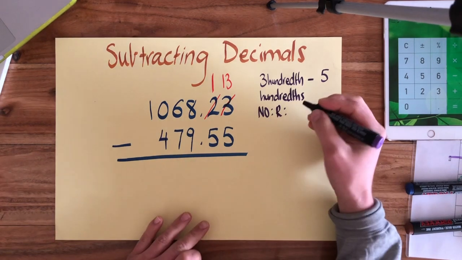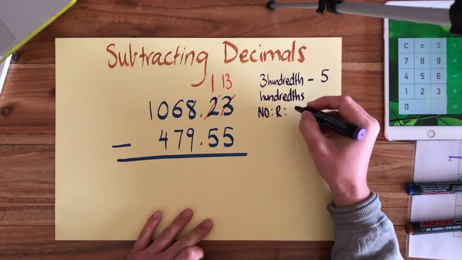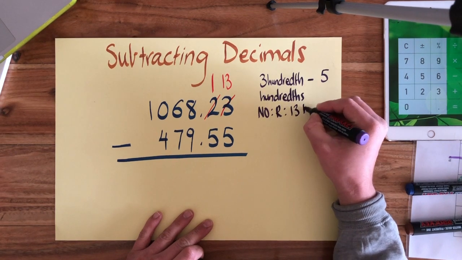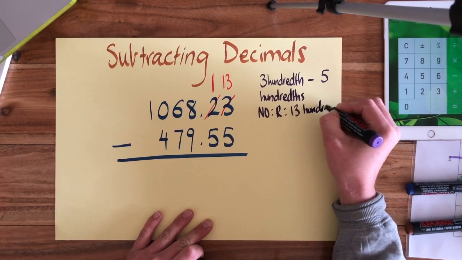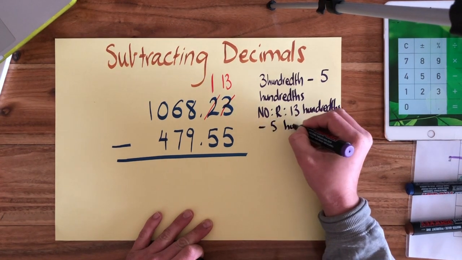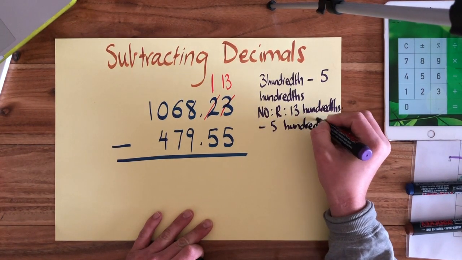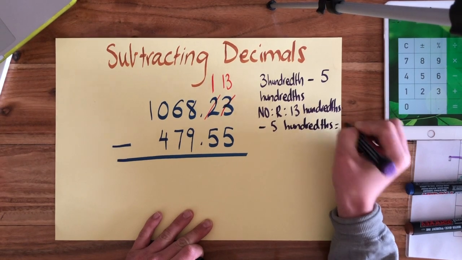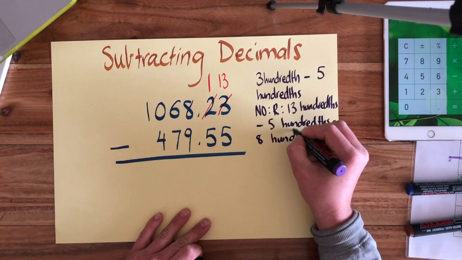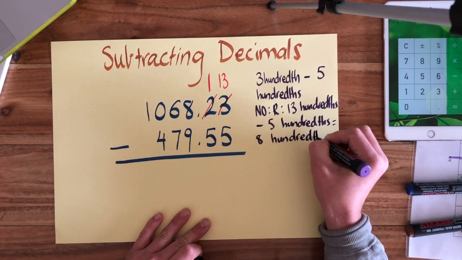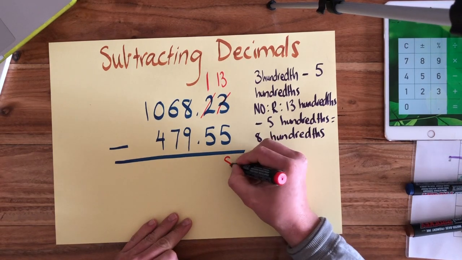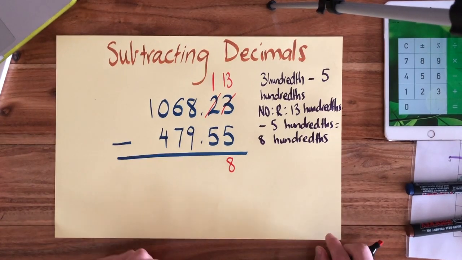So I've renamed, and now I have 13 hundredths take away 5 hundredths equals 8 hundredths. So all I need to do now is put my 8 hundredths in the hundredths column.